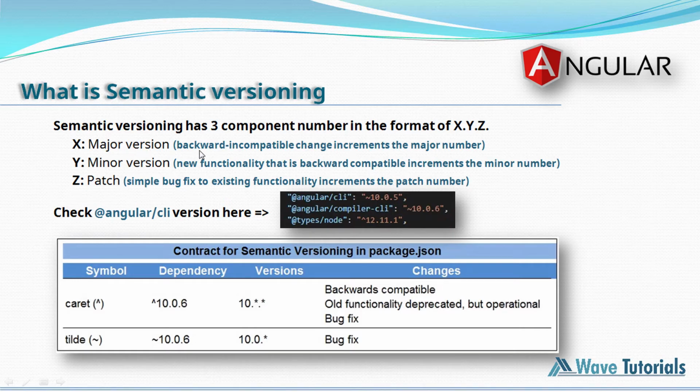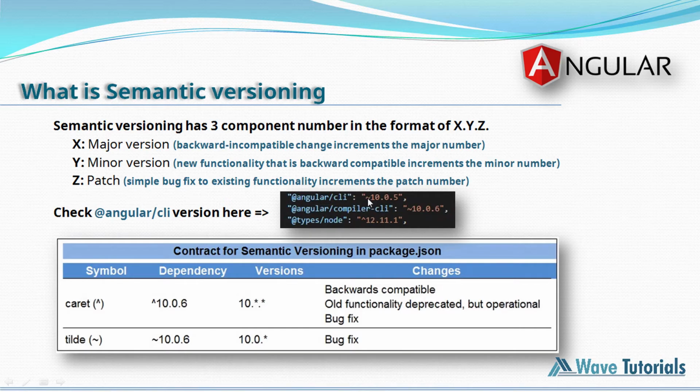So what is a major version? A major version is backward incompatible and changes its major number. The minor version comes with new functionality that is backward compatible and increments its minor number. And a patch is simply a bug fix to the existing functionality and increments the patch number.